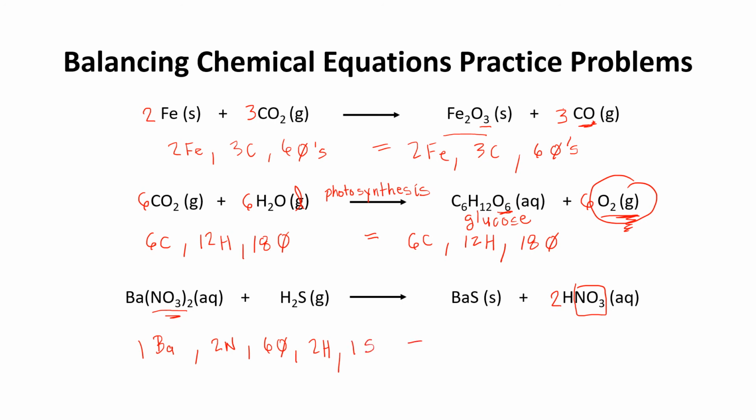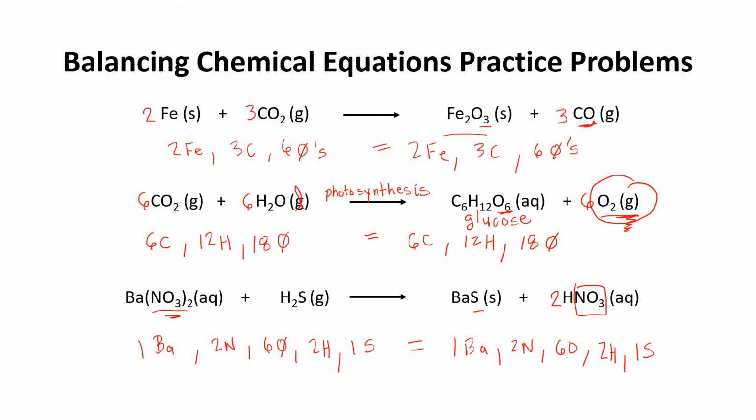And then we'll draw our equal sign. So here we have 1 barium, we have 2 nitrogens, we have 6 oxygens, 2 times 3 is 6. And we have 2 hydrogens, 2 times 1 hydrogen is 2, and we have 1 sulfur here.